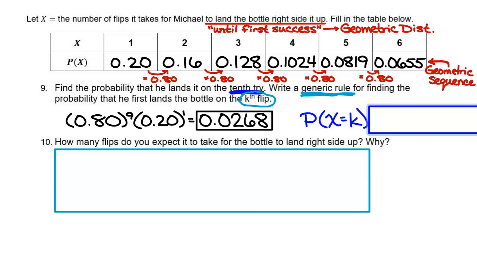Now, if I was looking at any general setting, where maybe I don't know what the probability is, what you said would be perfectly right as a general rule for this setting. If I didn't know what the probability is, my probability of success, we always use P to represent that, right? So how do we represent the probability of a failure then? P complement.